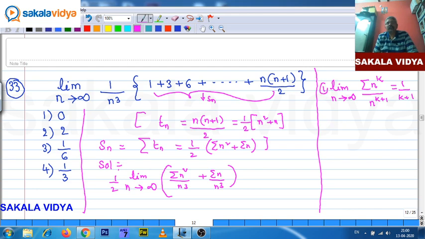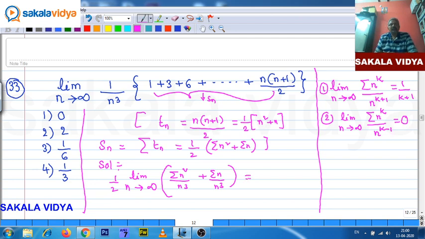This is one shortcut. Second shortcut: limit n tends to infinity, if the numerator is n to the power of something less than k, like k minus 1, k minus 2, whatever it may be, the limit will be 0.